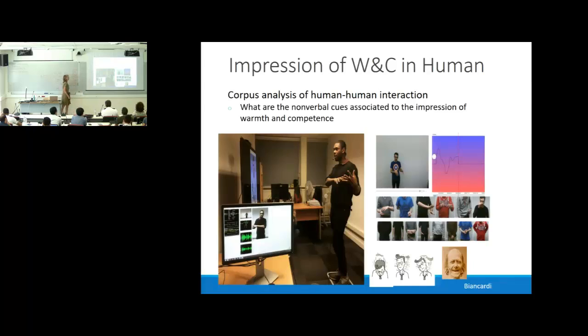And we used a corpus that we gathered in the lab, which is called the NOXI corpus, where we have 2 interactants, 2 humans, that were put in 2 different rooms, and they were communicating through large screens. The idea is that we want to see how the communication happens, like in Skype or with a virtual agent. That's why we have a screen between them. And the way the people were paired is we had people saying that they're experts in different domains, and it can be movies, music, video games, travel, whatever.